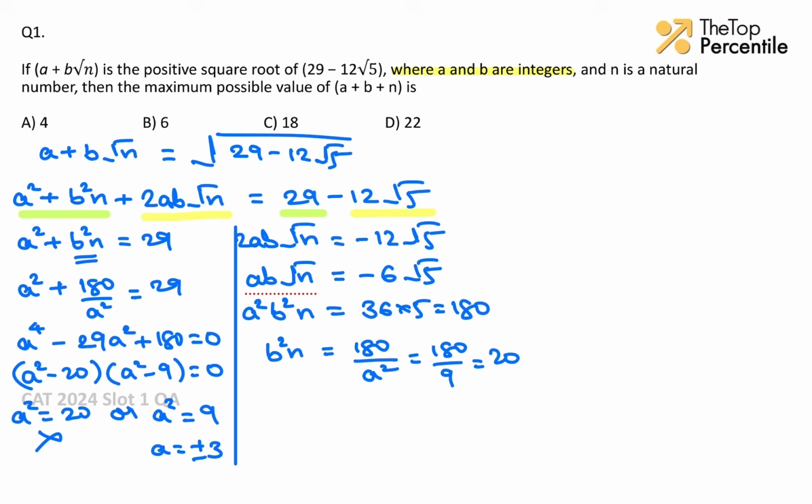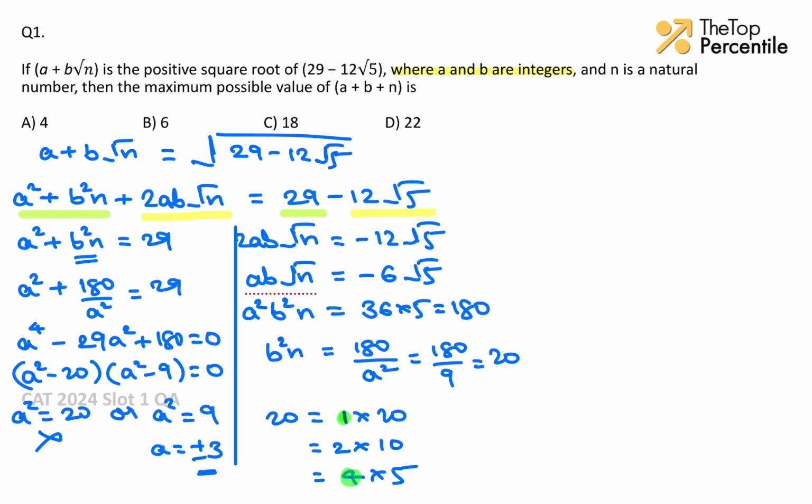I have two values of a here. Similarly, I want individual values of b and n as well. So let's see what the factors of 20 are. This will be 1 into 20, 2 into 10, and 4 into 5. So if I take b square as 1, yes, I'll have b as an integer. I cannot take b square as 2 because then b won't be an integer.